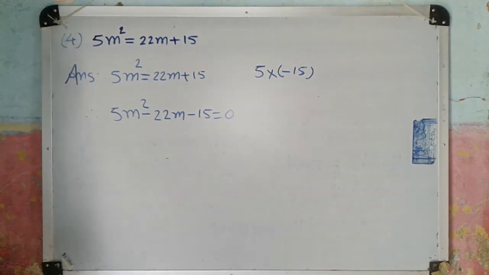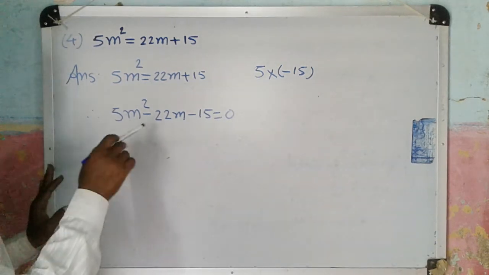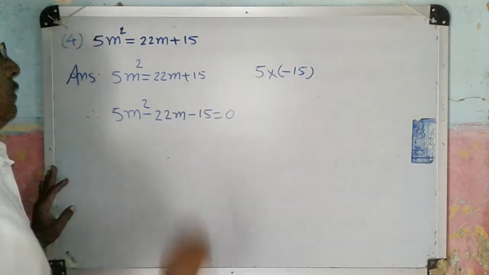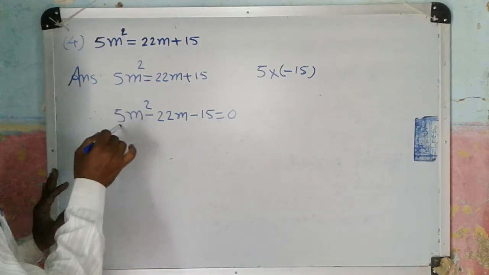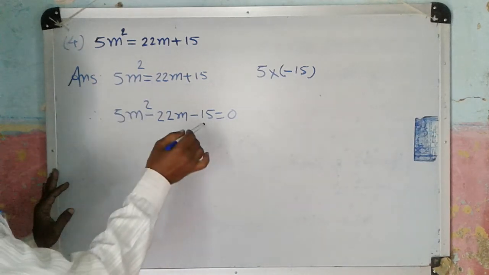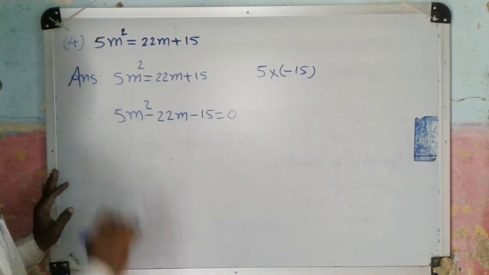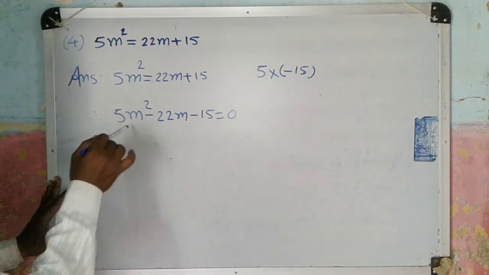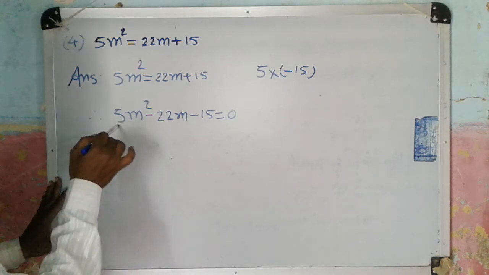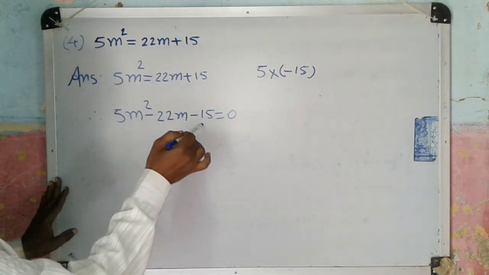Before finding the factors, first take the product of the coefficient of the square term and the last term. So here the coefficient of the first term is 5 and the last term is minus 15.